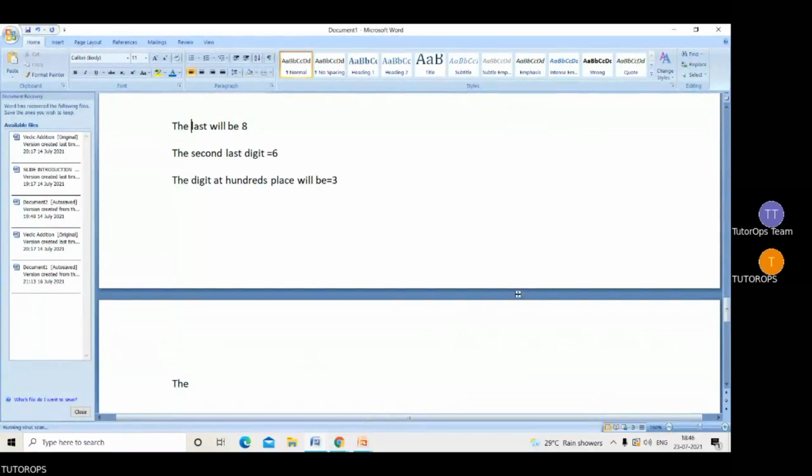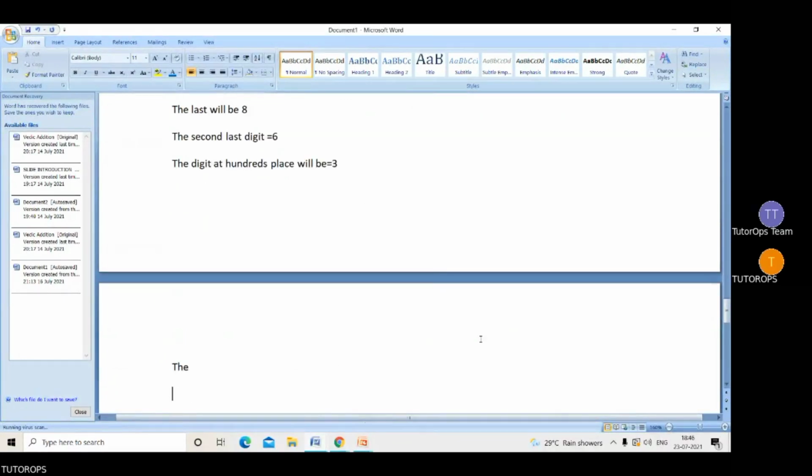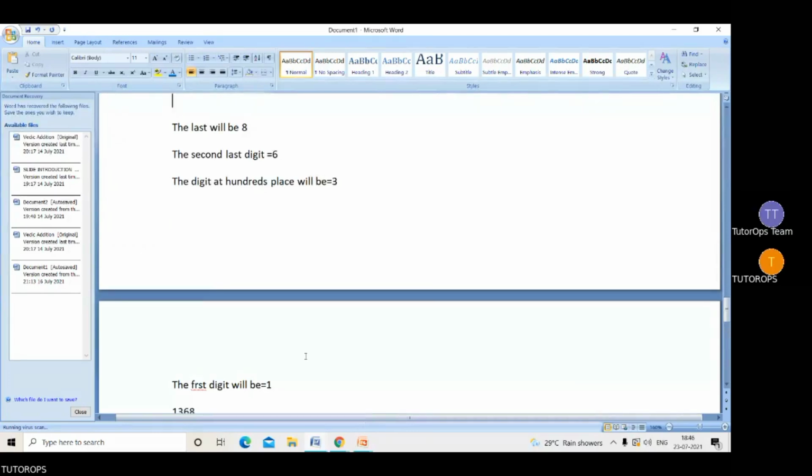So how many dots left here? Just one dot. So it will be 1. The first digit of the sum will be 1. Yes. First digit will be 1. So the result will be 1368. Okay.